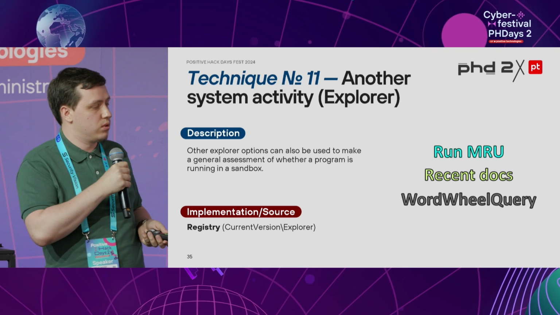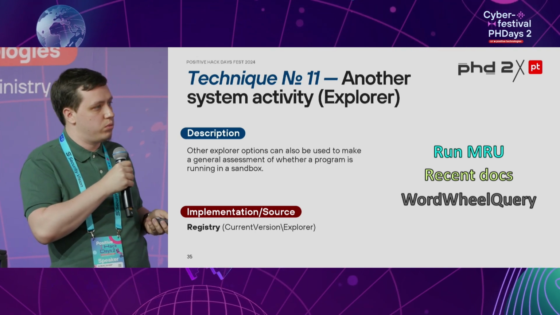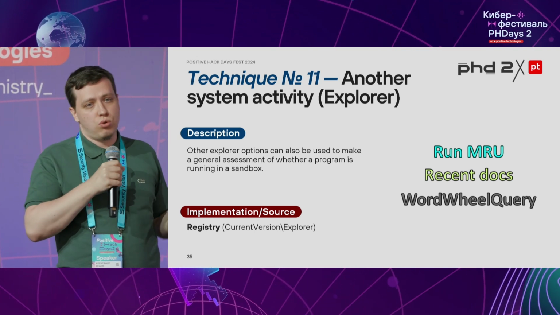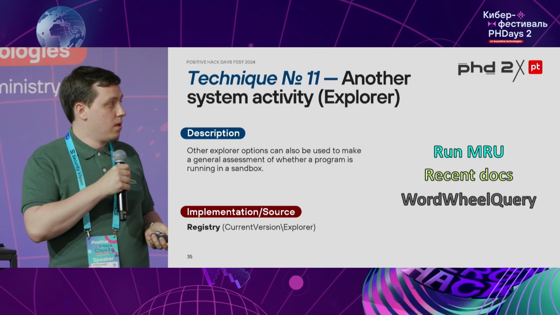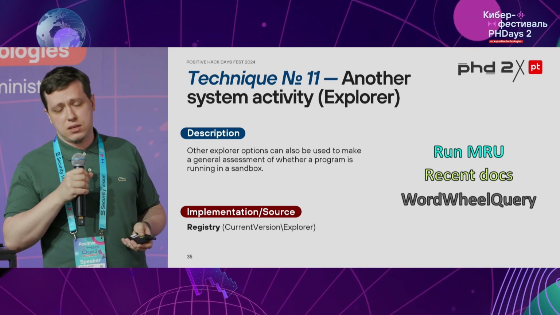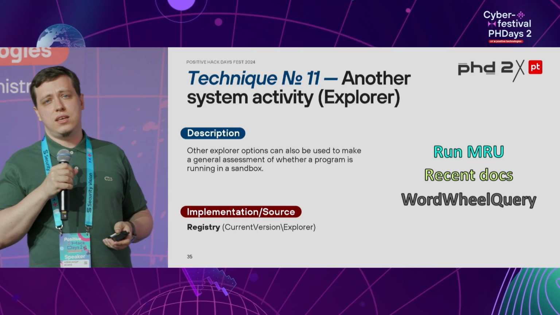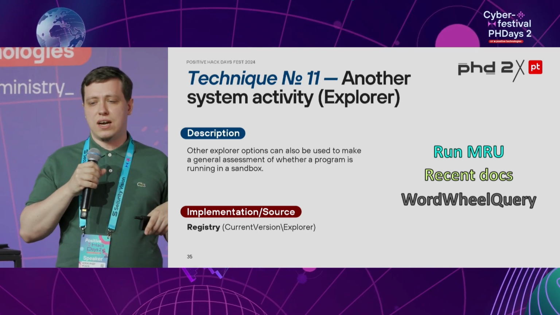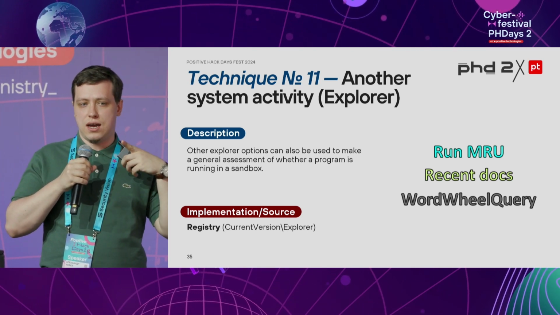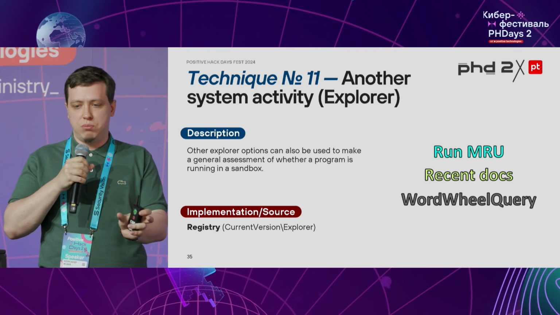MRU, most recent use, right? That's the acronym. File objects, programs, sometimes recent docs means recent documents. Word wheel query is the parameter that is responsible for storing the list of search queries that you made in the Explorer window.